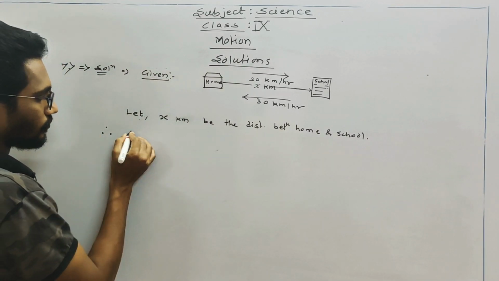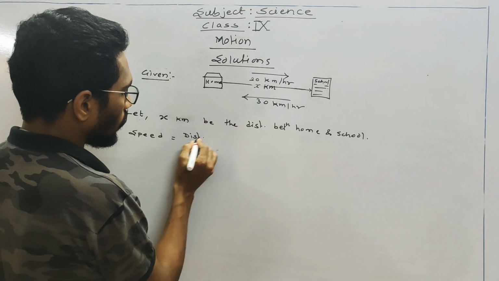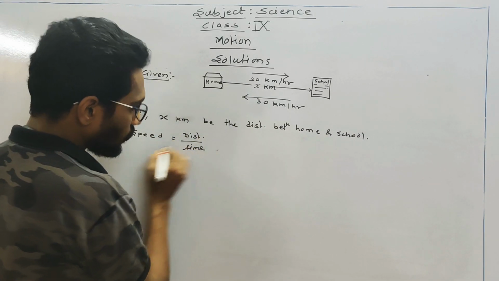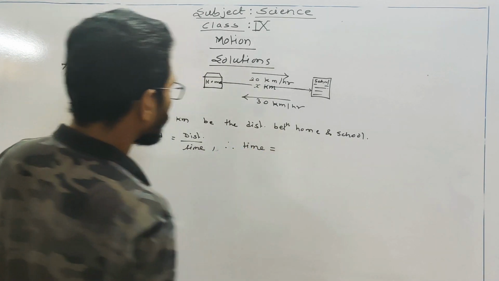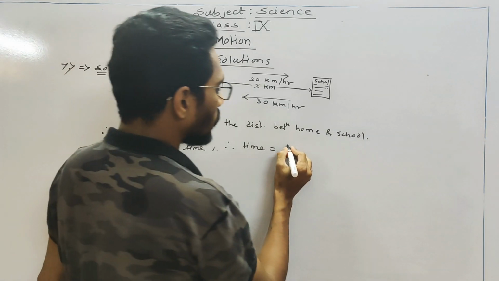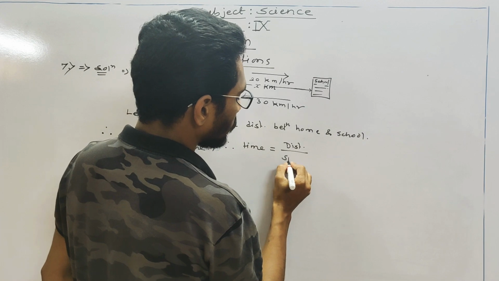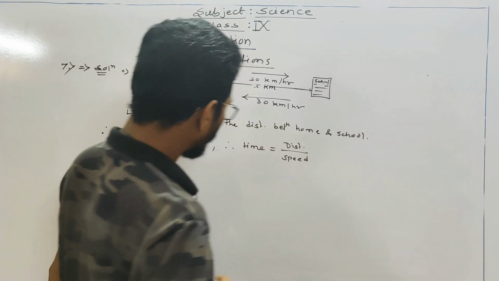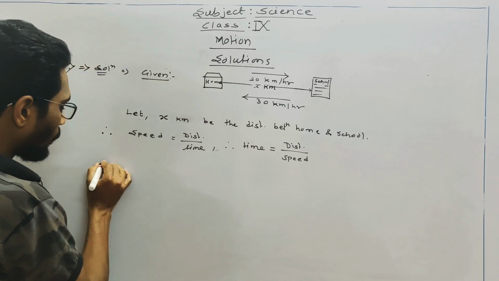Therefore, speed is equal to distance by time. Therefore, time is equal to what? Time goes into the numerator, speed comes into the denominator. That is, distance by speed. Speed at the bottom, time on top. Yes or no?